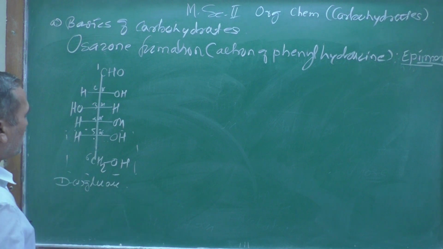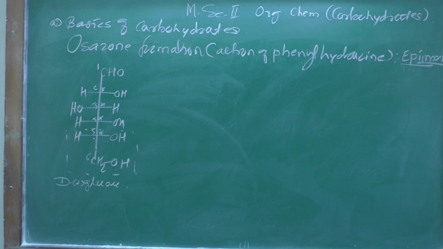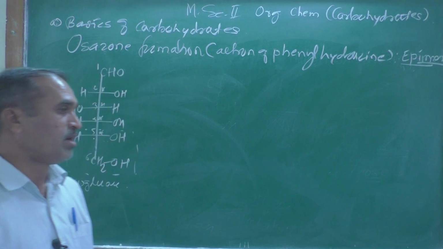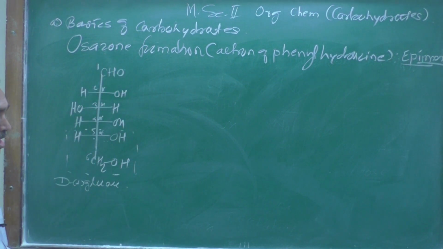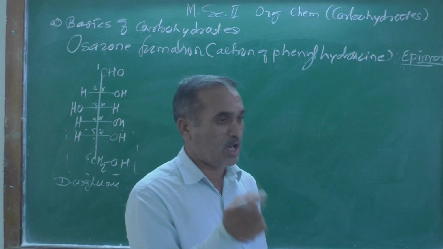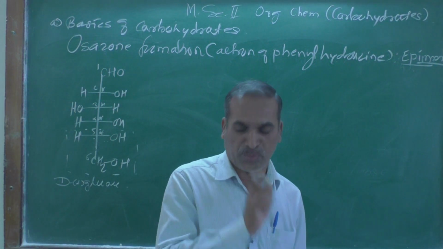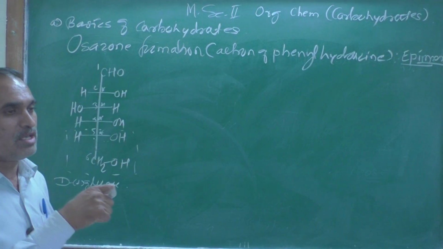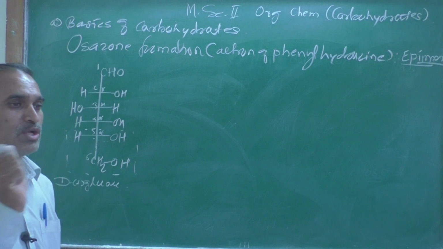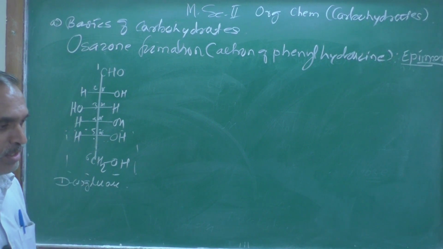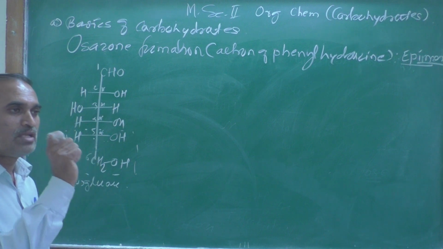Now for the 4 chiral carbon atoms, if we try to find out the R and S configuration, they are known as the absolute configuration, and that absolute configuration is assigned according to the sequence rule, or we know the CIP rule, that is Cahn, Ingold, Prelog.